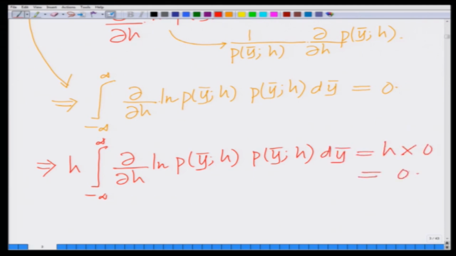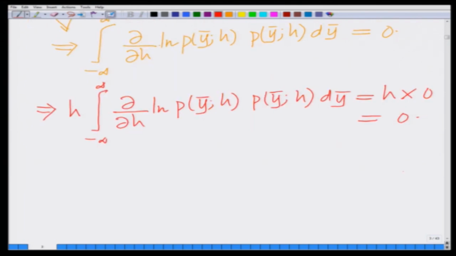which is again 0. And now, finally, moving h inside, I remember I can move h inside the integral because the integral is with respect to y bar.